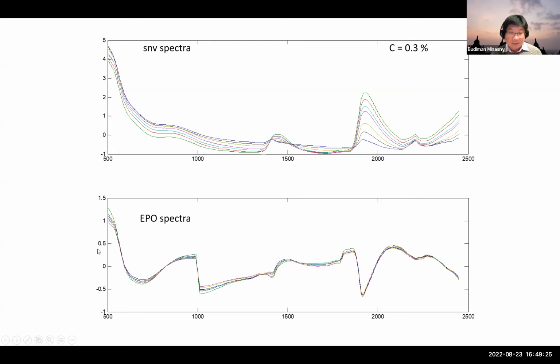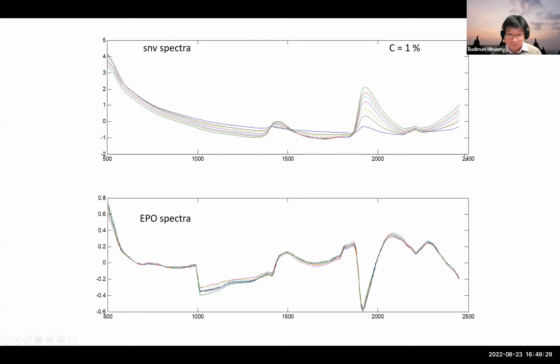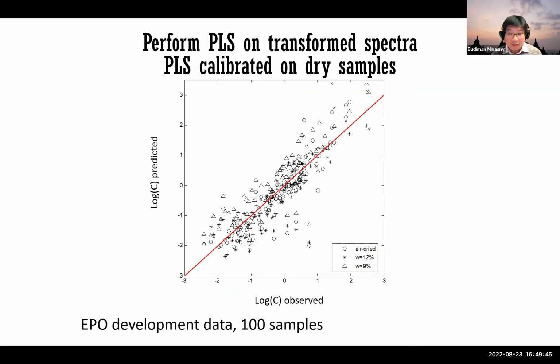So there's still some variation, but it is reduced. This is another example. The variation is due to moisture, and after the EPO treatment, this is the spectra, which is slightly different, but is not affected by the moisture content.